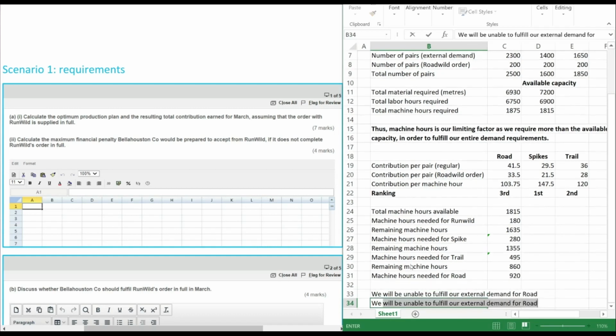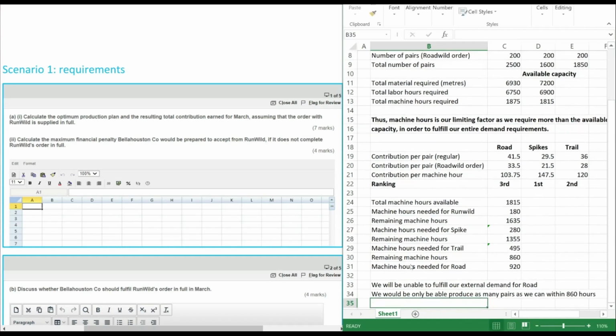We would only be able to produce as many pairs as we can within 860 hours, and this would be pairs of road produced for the external demand.